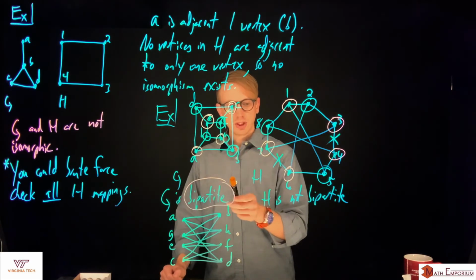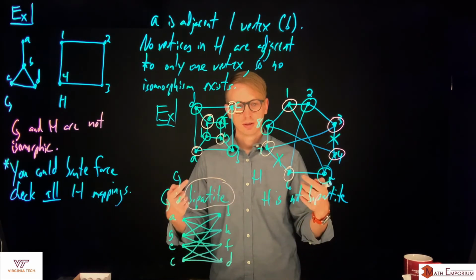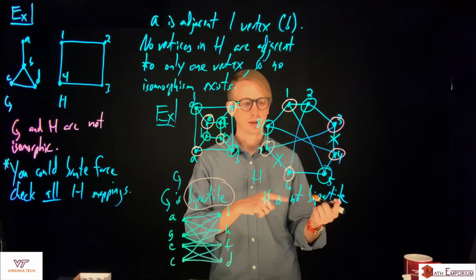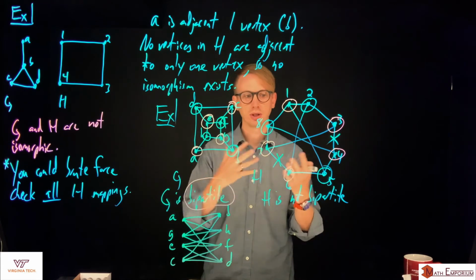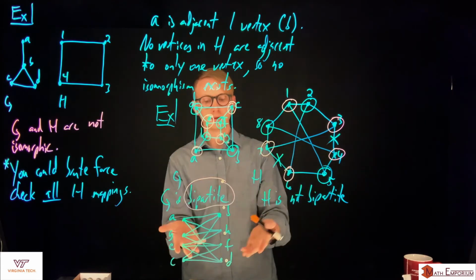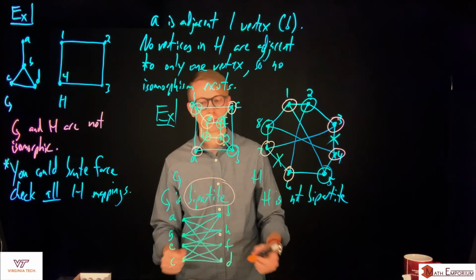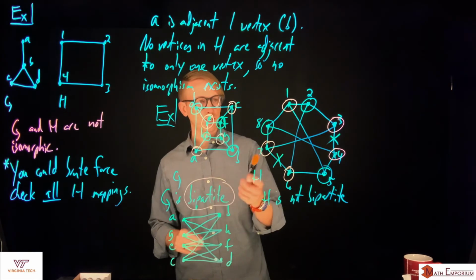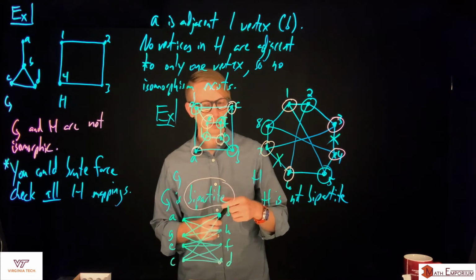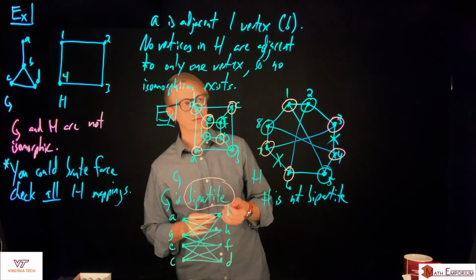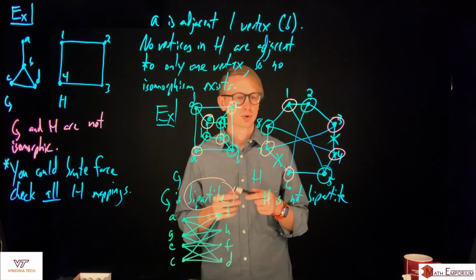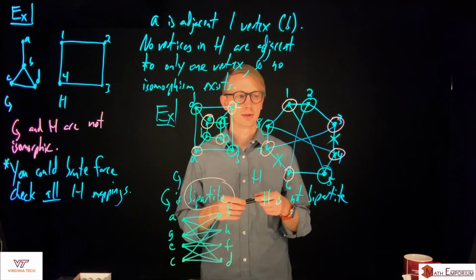Okay, so G is bipartite, H is not bipartite, and if G and H were isomorphic, it would be one or the other. You can't just redraw a graph and have this failure occur. Right? You can't deform the graph and all of a sudden this fails to happen. All right, so this one's a harder example, right? Because you had to do something kind of unique and different. And this is not uncommon with isomorphism problems to have to do a fairly unique sort of trick to figure out why they're not the same.